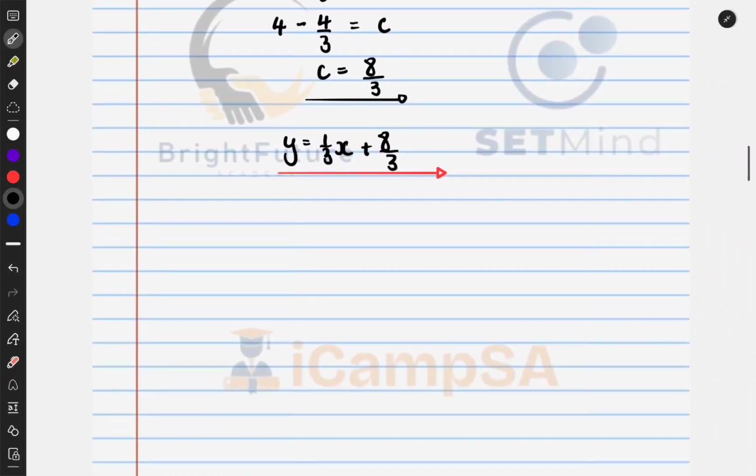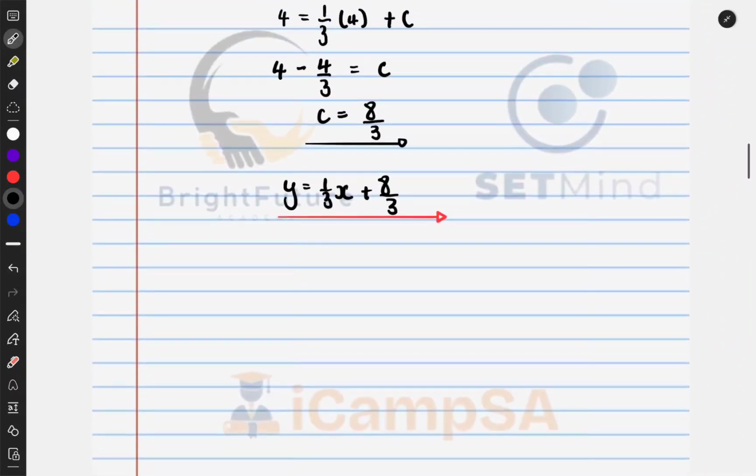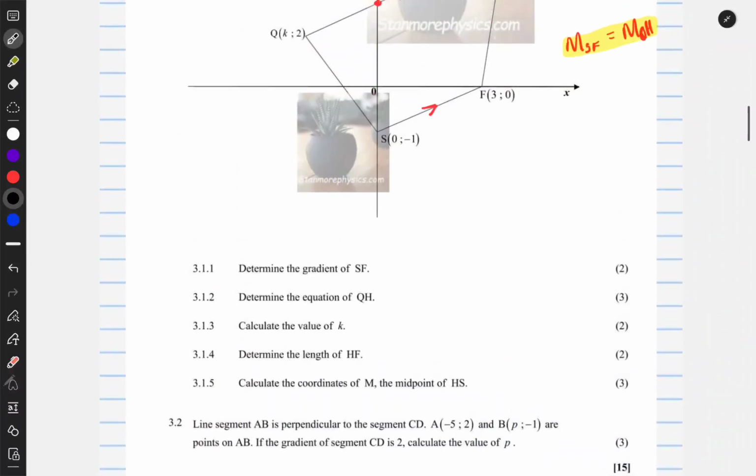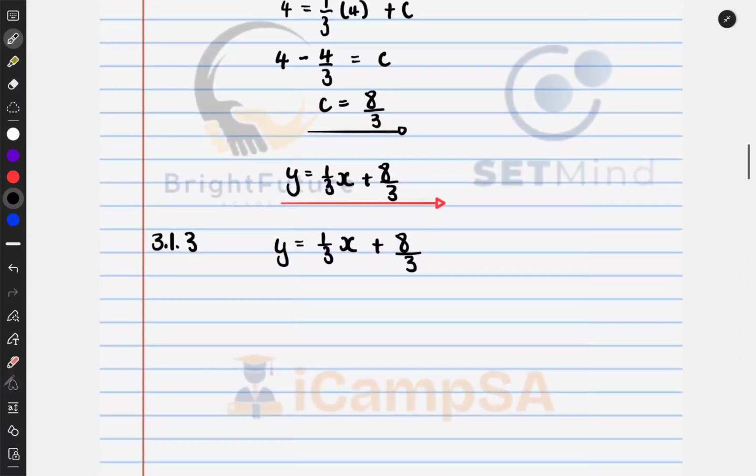Let's go ahead and calculate that for 3.1.3. This is the straight line equation, y equals 1 over 3 x plus 8 over 3. So let's take the y value, which is 2. 2 is equal to 1 over 3, the x value is k, plus 8 over 3.